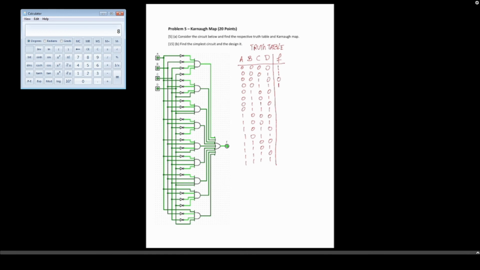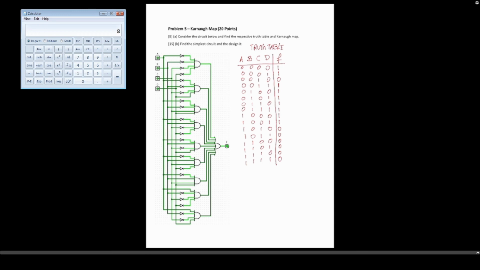And then I have 0, 1, 0, 0. Then I have 0, 1, 0, 1. Then I have 0, 1, 1, 0. Then I have 0, 1, 1, 1. Then I have 1, 0, 0, 0. And then I have 1, 0, 0, 1. All the other ones are going to be 0.